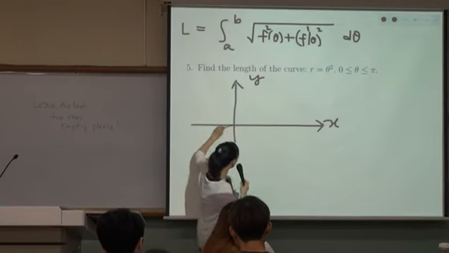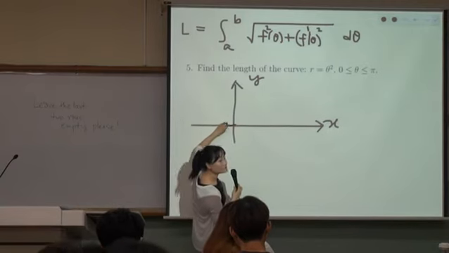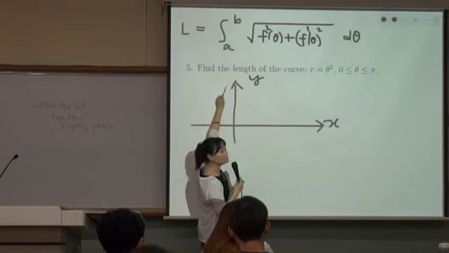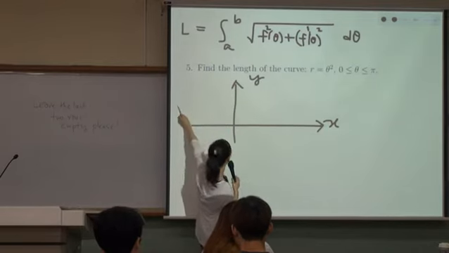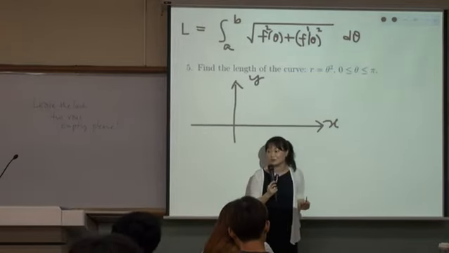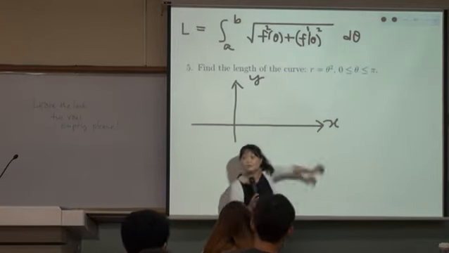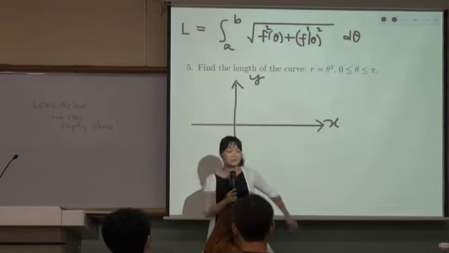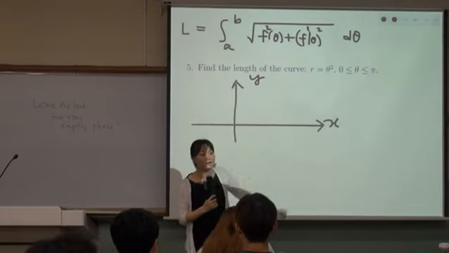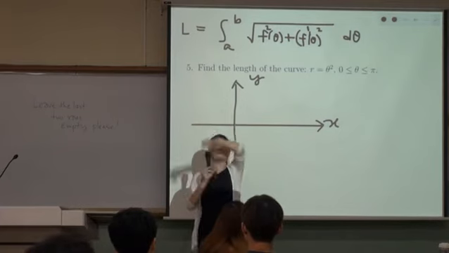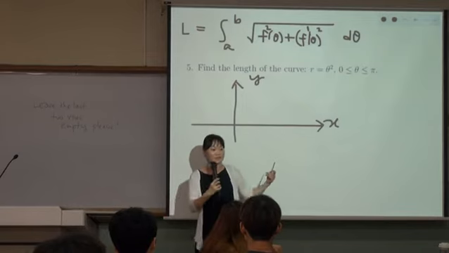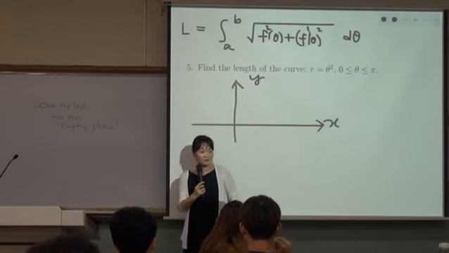So from 0, the radius increases, hits pi over 2 squared, keeps increasing and hits pi squared and stops there because theta ends at pi, right? Suppose it goes on forever, what will that be? It will be a spiral, S-P-I-R-A-L.